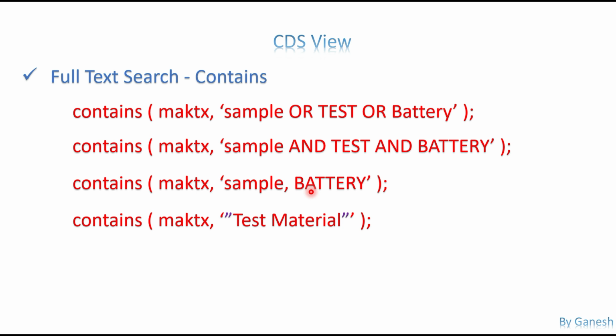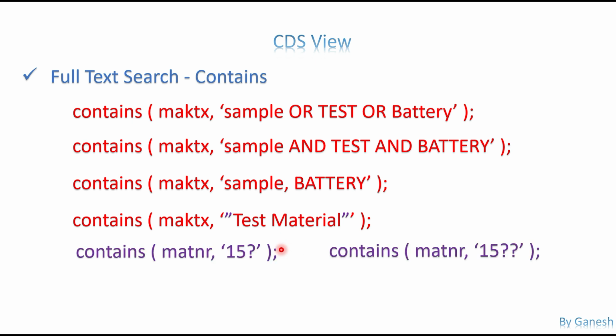Wherever test comes, those particular records are valid to fetch and put as results. But if you mention double quotes, that needs to be considered as the valid string. So test material is valid, and material test is not valid over here. If you want an entire full string as a search, then you have to mention it within double quotes.